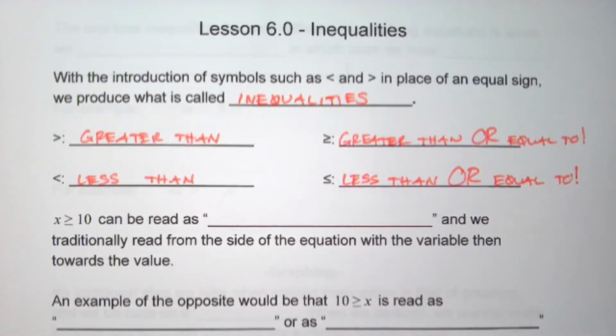Now, with this, as I said, we typically read it from left to right, but more importantly, we want to always read it from the variable to the value it's being compared to.